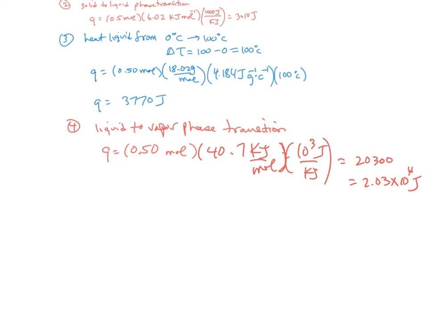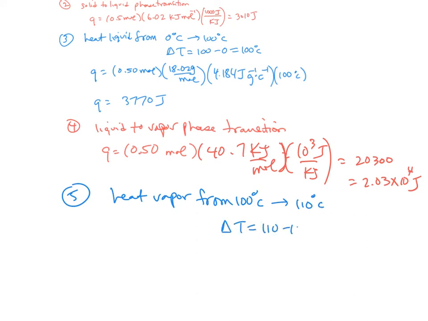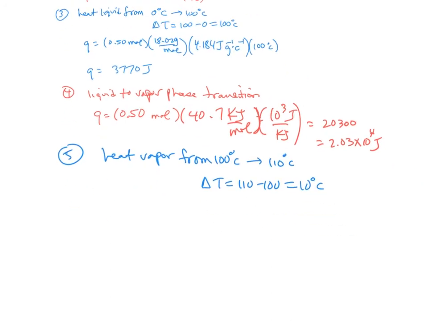All right, then the last one, number 5. And we're going to heat the vapor or the gas from 100 degrees C to, I believe it's 110 degrees C. And so delta T for this is 110 minus 100, which is 10 degrees C. All right, then we're going to use Q is M, that's the mass.